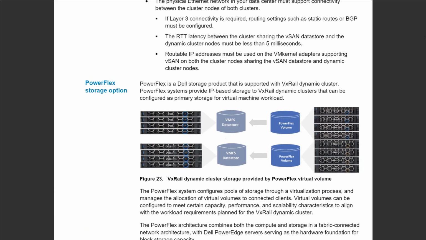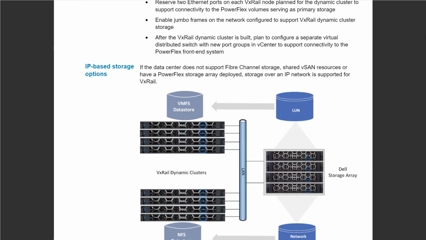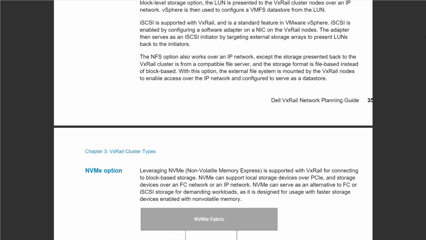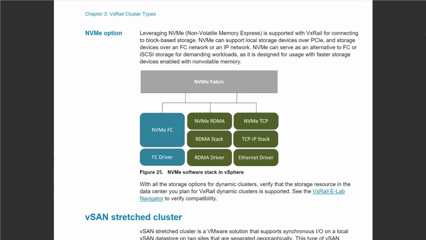We can also use PowerFlex, which is one of our Dell EMC solutions, as the main storage. That's an option. Or you can simply use IP storage, like NFS or iSCSI. All of that is supported. We also support NVMe over Fabric. These are different options available for dynamic nodes.